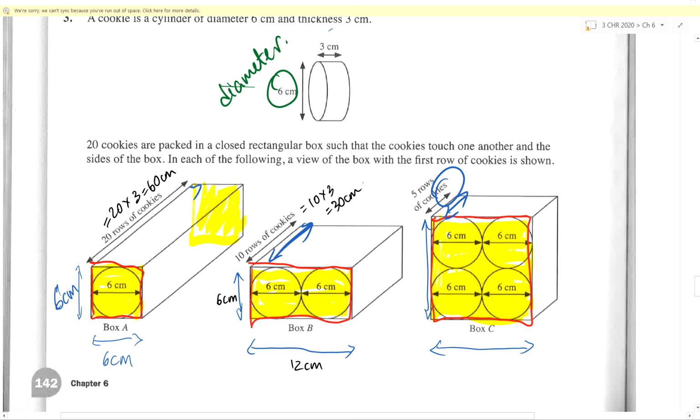So we see that because we are stacking them also side by side, the length of the box becomes shorter, it is half. Now in the final case, box C, distance 12 cm here, vertical also 12 cm, and for the thickness, we've got 5 cookies, so 5 times 3, we get 15 cm.